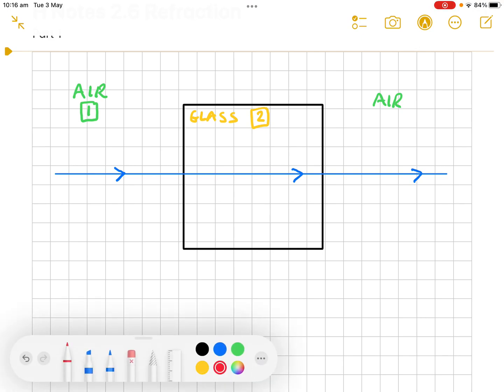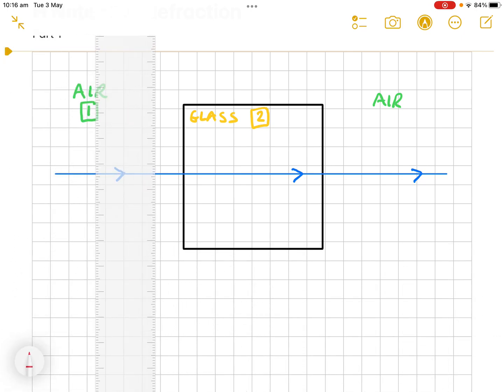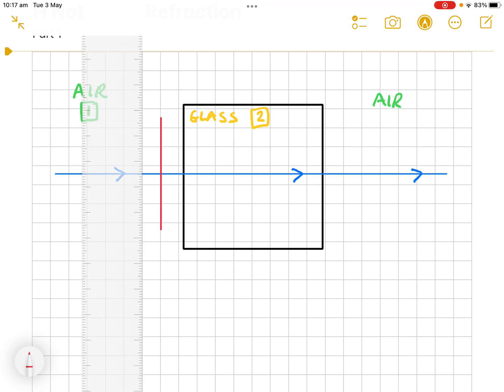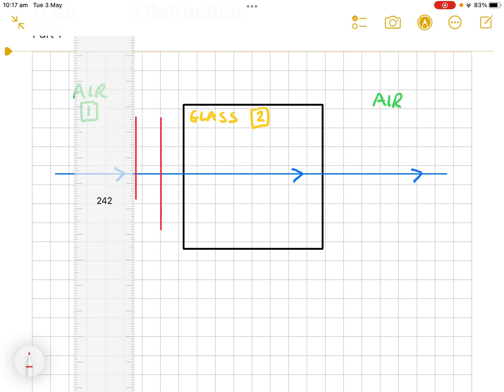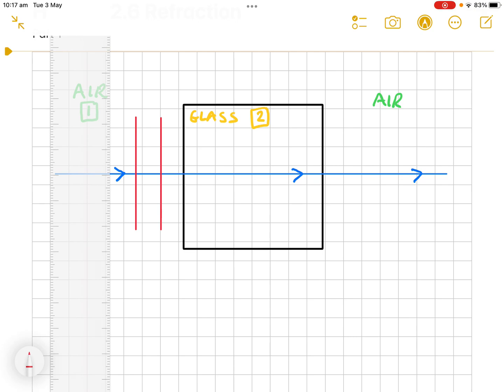Well, if you were to have a kind of bird's eye view of your light wave and you could see the crests, then you would find that they would look like this. So maybe something like that. So these are crests viewed from above.